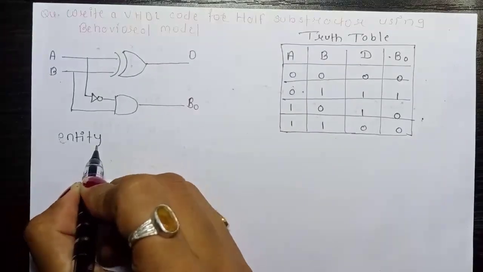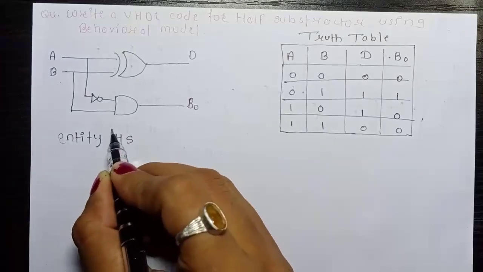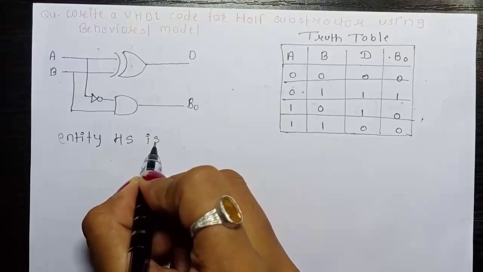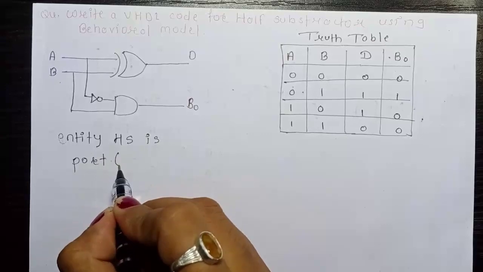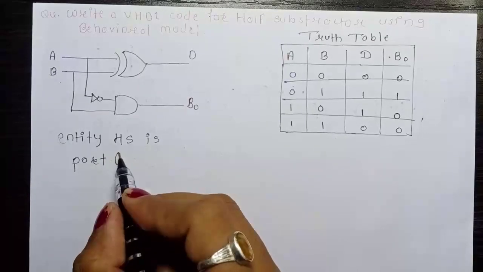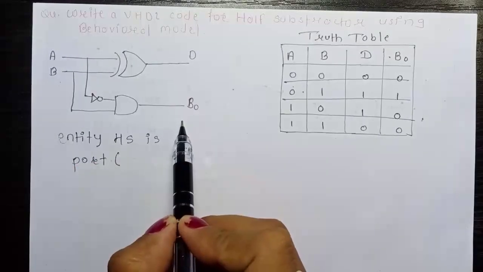So entity keyword. Name of my entity is half subtractor. Again, name of entity is a user defined word. Entity is used to specify the number of ports, type of port and data type associated with that port. Okay, so there are 4 ports. 2 are input ports and 2 are output ports.